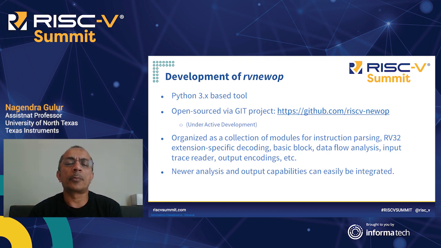Various modules are provisioned for instruction parsing, RV32 extension specific decoding, to identify basic blocks of execution from input traces, to do data flow analysis, and of course other things like input trace reading, output encodings, and those kinds of mechanisms that we need to put together around the whole framework. The point is that newer analysis and output capabilities can hopefully be more easily added since it's open source and it's implemented in the popular Python programming language.